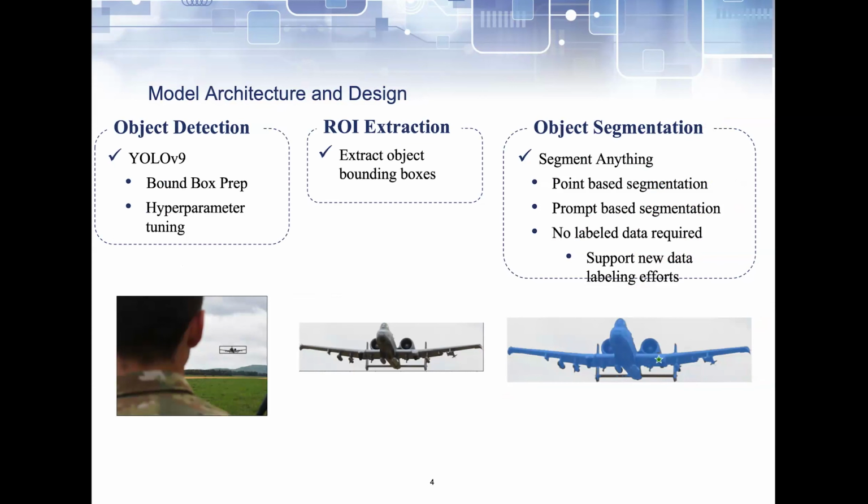This is a pretty new model from Meta, and this will segment anything and everything in your image. We want to narrow in the scope of that segmentation, so we actually leverage the output of YOLO, and we only do segmentation on the regions of interest from that object detection model.